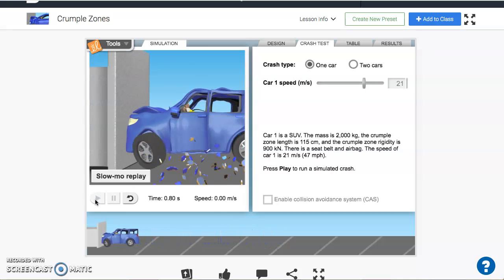As you went into the actual crash test, you should have seen, considering that our impulse equation was J is equal to F times T, the force multiplied by the time. As this time gets longer, that allows the force to get smaller.